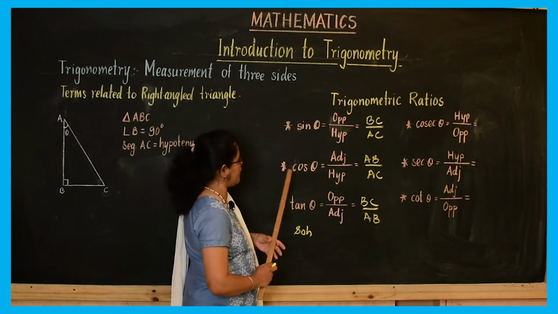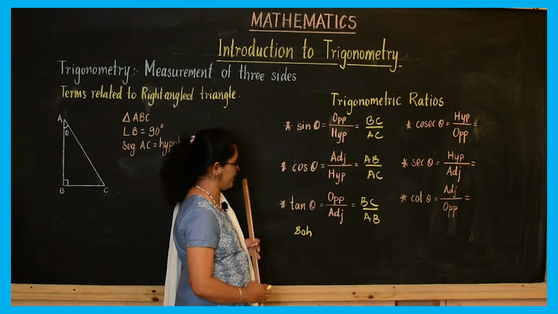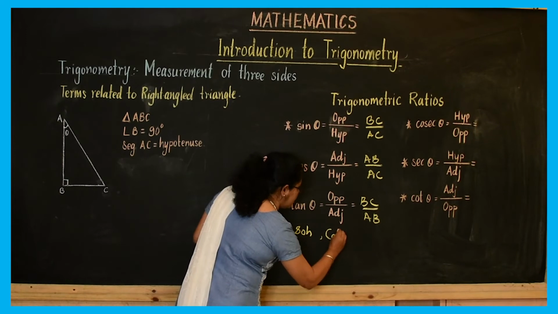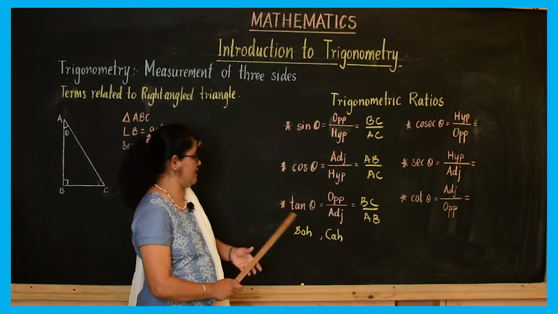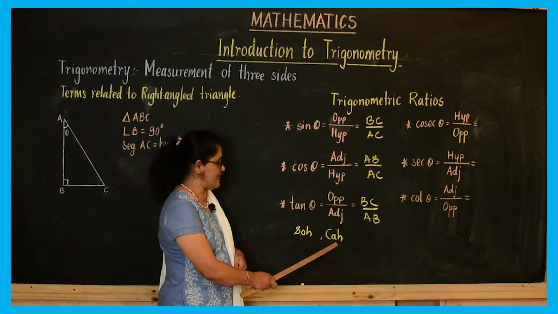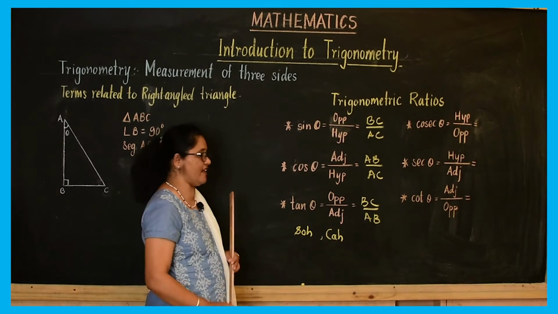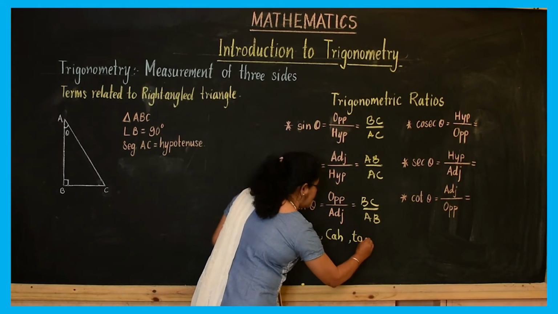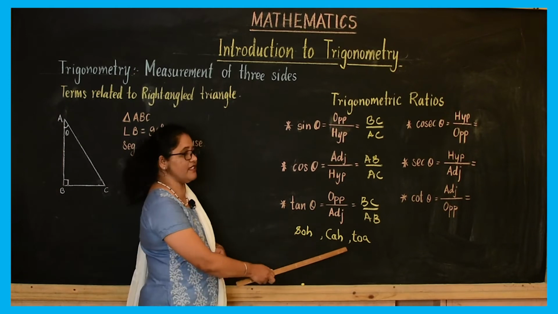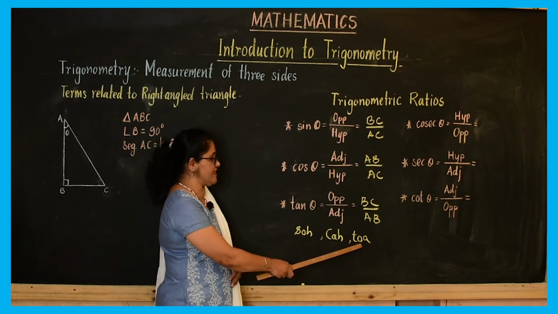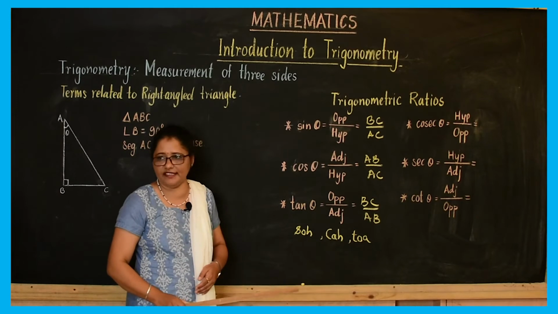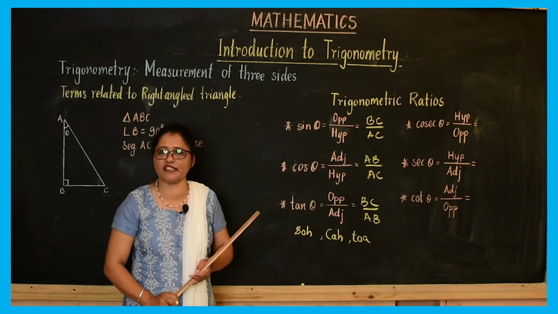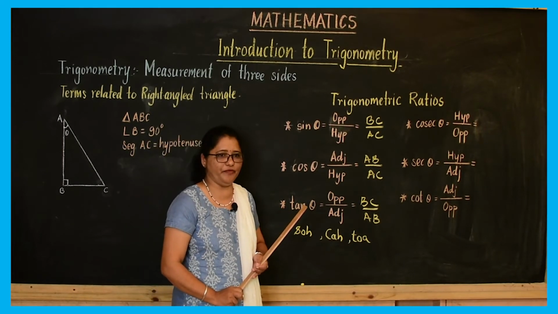The second one, cos theta is adjacent upon hypotenuse, so it is called CAH. The third mnemonic is TOA. TOA means tangent is opposite side upon adjacent side. These mnemonics will help you to memorize these three basic trigonometric ratios very easily.